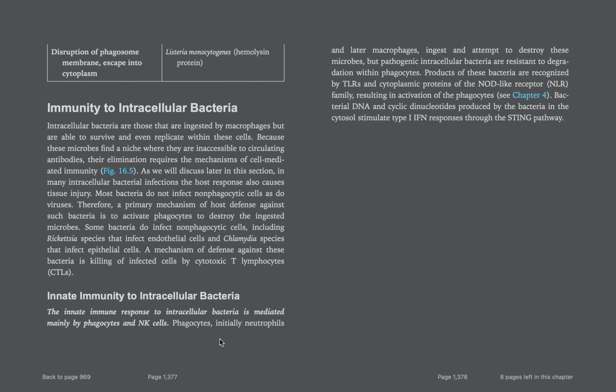Products of these bacteria are recognized by toll-like receptors and cytoplasmic proteins of the NOD-like receptor family, resulting in activation of phagocytes. Bacterial DNA and cyclic dinucleotides produced by bacteria in the cytosol stimulate a type 1 interferon response through the STING pathway.